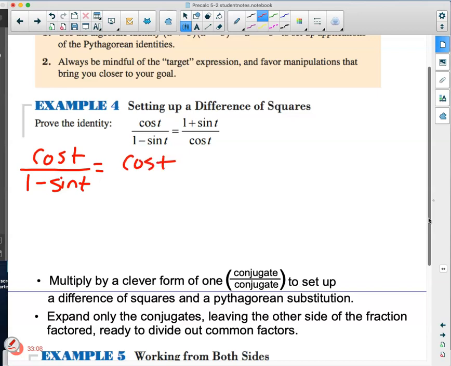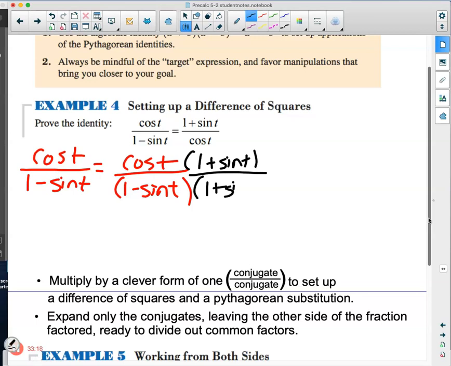All right, so I'm going to start with this, but I'm going to multiply by 1, because remember, that is really multiplying by 1. We're just manipulating the way it looks, so that I can start to see some squareds in my denominator.